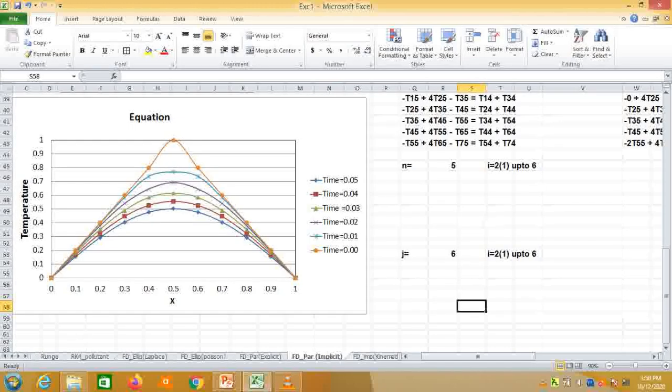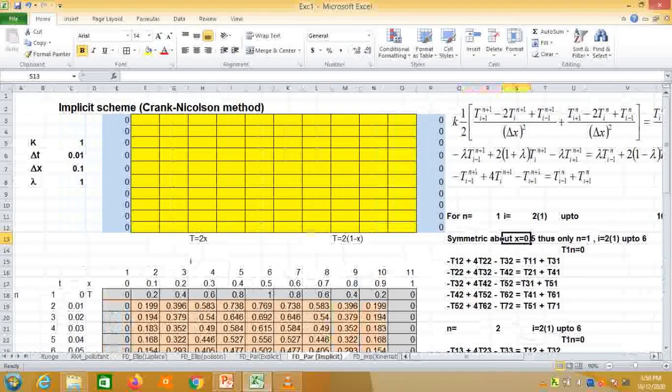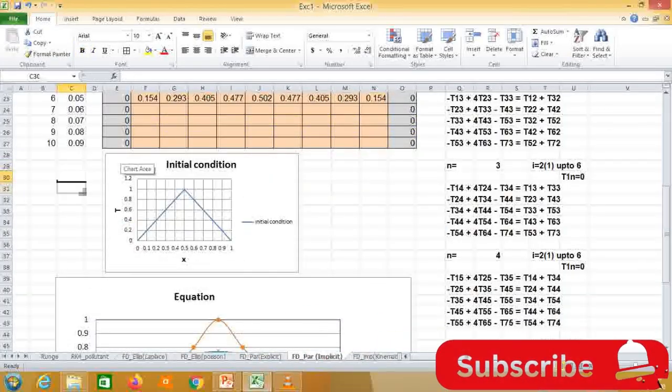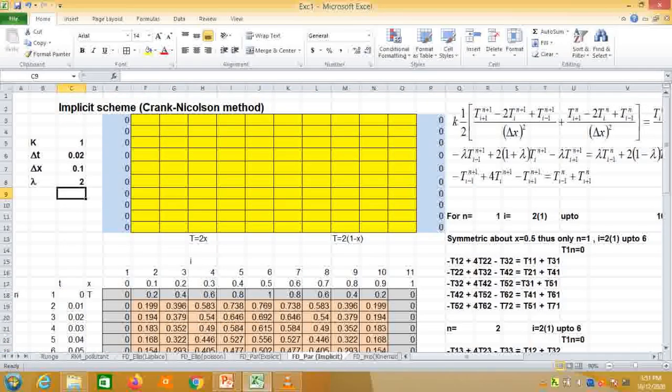Mind you, how about if you change here the value of delta t? Does it bring any change? Let's make it 0.002 instead of 0.01. We don't see here any significant change, essentially. If you decrease that instead of 0.01, I could have made that 0.5.